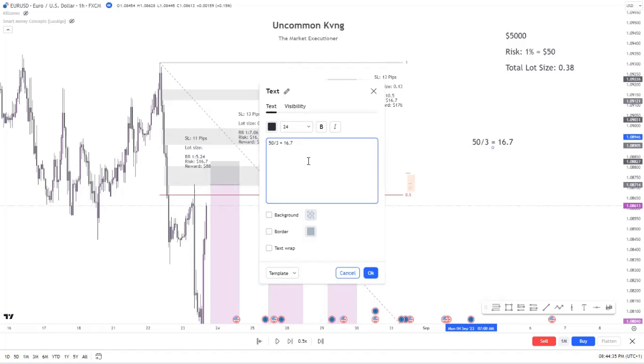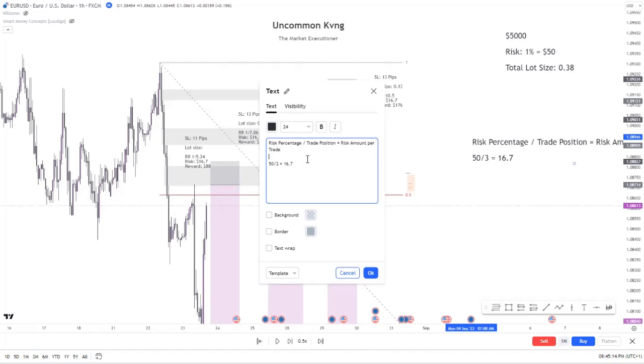So we're going to say risk percentage divided by trade positions equals risk amount per trade.